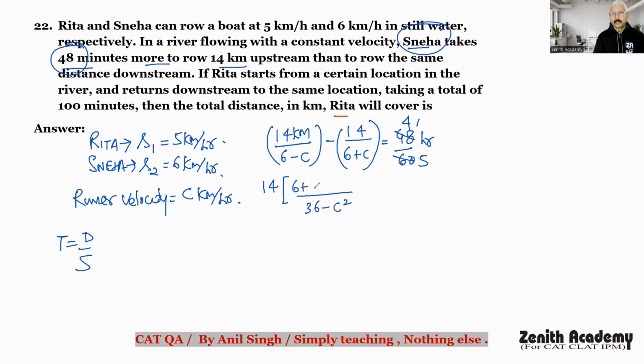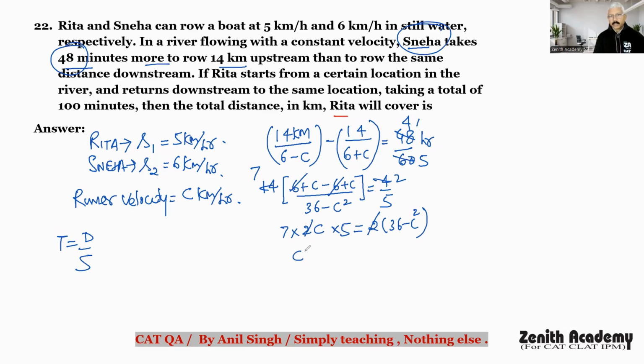This is 6 plus C minus 6 plus C, it is 4 by 5. The 6 and minus 6 cancel. And here 7 into 2C into 5 is equal to 2 times 36 minus C square. This 2 will cancel.